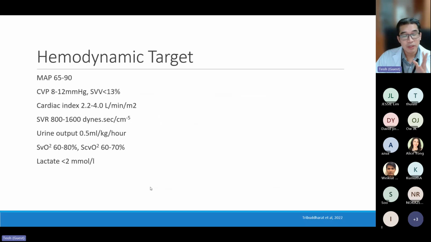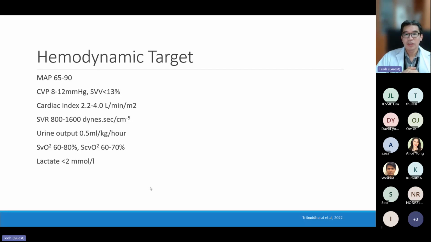I always try to maintain between 70 to 80 millimeters of mercury. For CVP, I maintain 8 to 12. And of course, if you've got the stroke volume variation, it's better. You just need to make sure the stroke volume variation is about 10 to 13%. The patient is not hypovolemic.